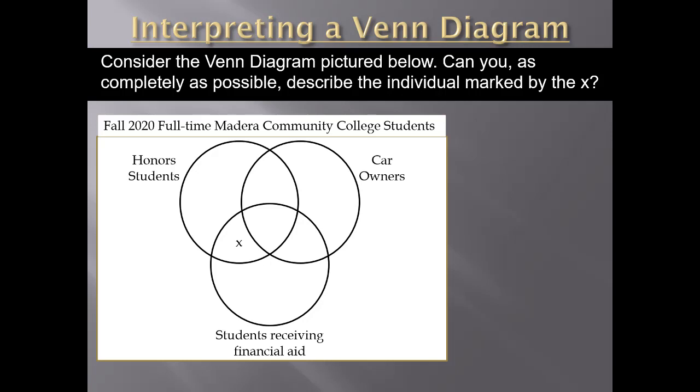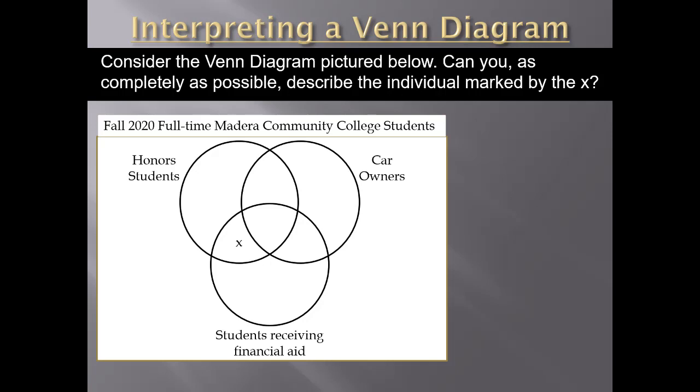And far too often, people will try to describe what the student is, and they leave out what the student is not. Because if we're describing as completely as possible, then we need to not only say what features this student has, but also what features they don't have. What do I mean by that?